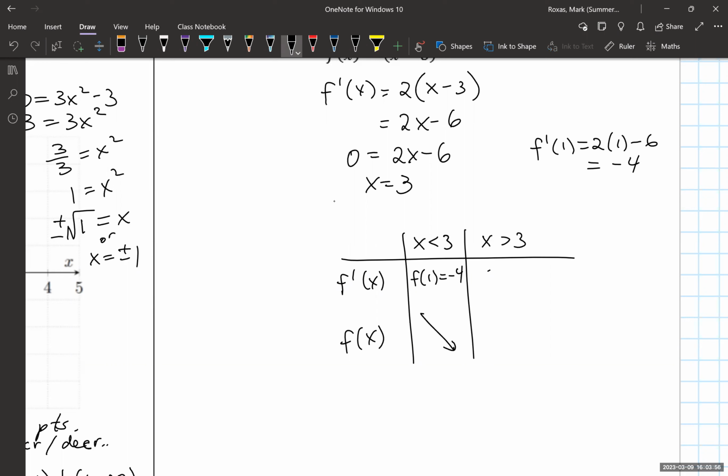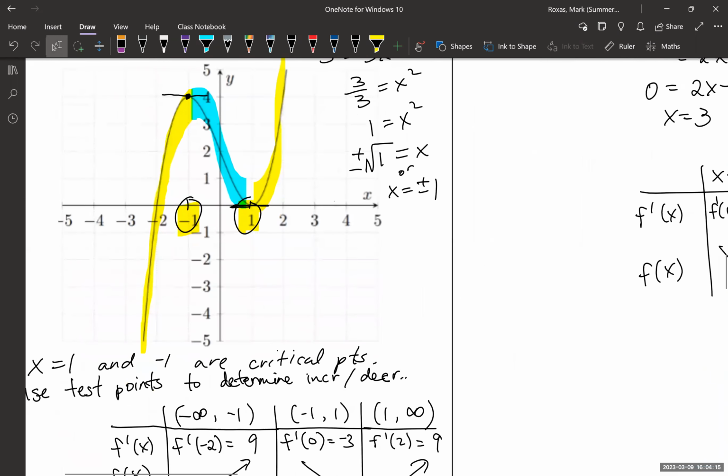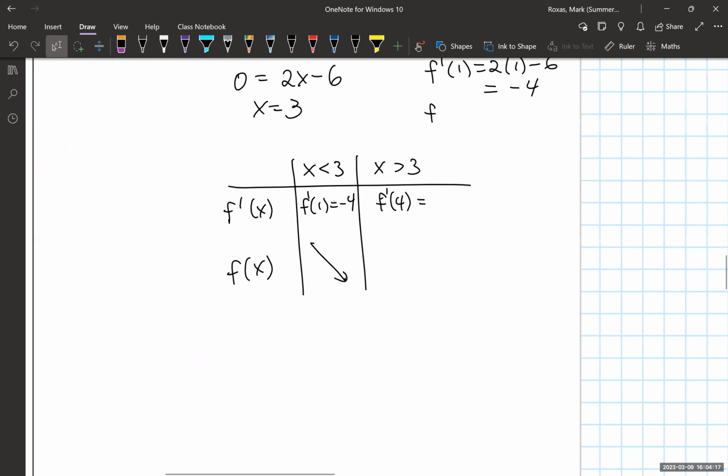And if I look at every value on the other interval, x greater than 3, I'll use a test point such as 4. You don't have to make a complicated test point, just pick the nearest integer value. So f prime of 4 equals what? I should make these prime. Did I put that in the other table? I did, yeah, so I just forgot to put the prime. F prime 1, f prime 4.